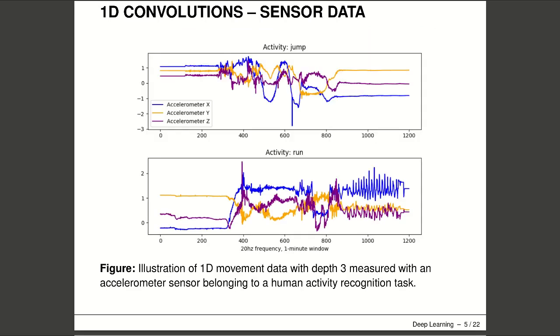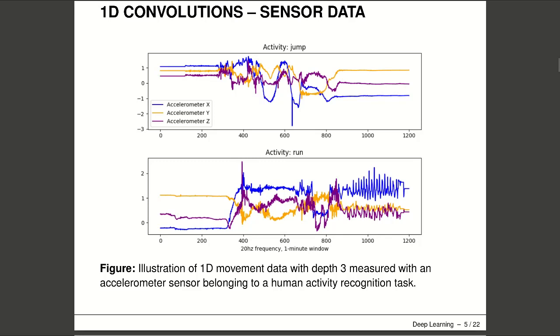Here is another example of 1D convolution where the depth of the input is equal to 3. We have movement data measured by multiple sensors, and the task here is human activity recognition.